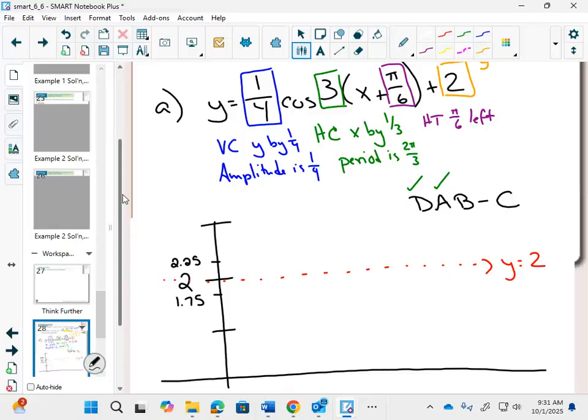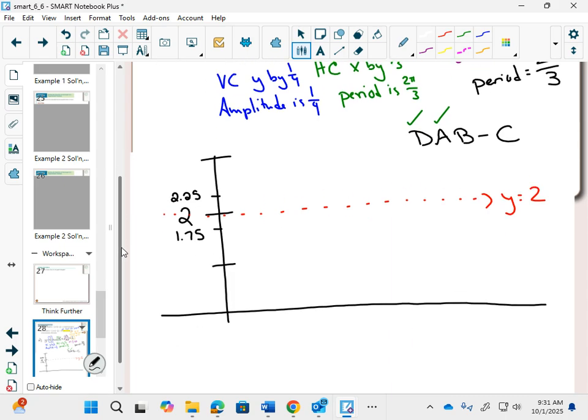Next, my B value. I know that my period is going to be 2 pi divided by my B value, which is 2 pi over 3. I go along my x-axis, somewhere I mark 2 pi over 3, and I divide it into 4 equal sections. Labeling the middle one is the easiest.